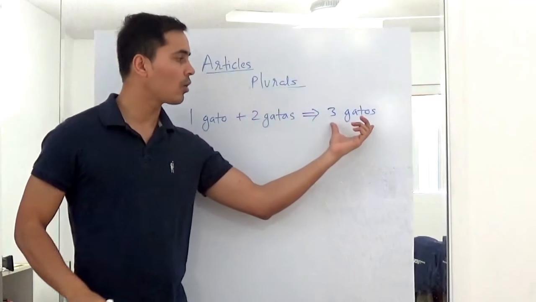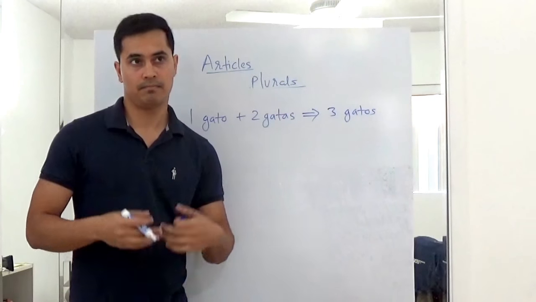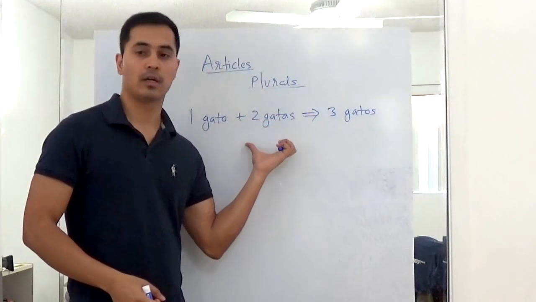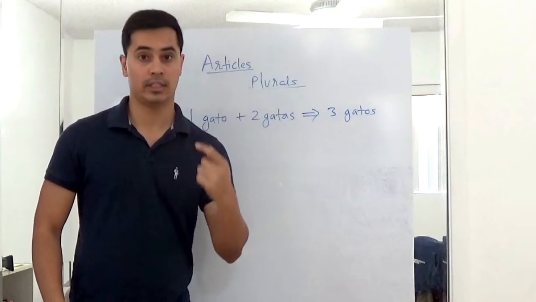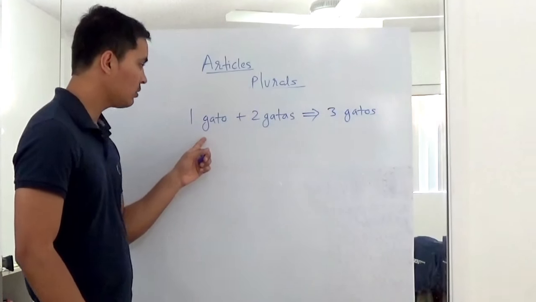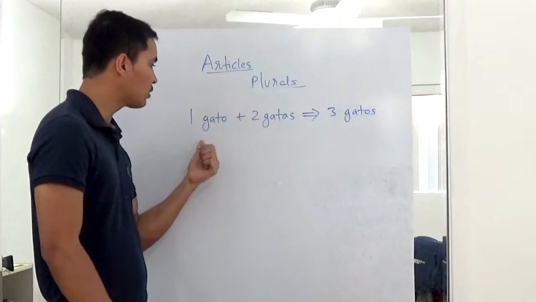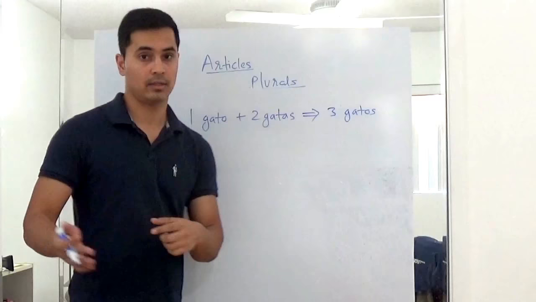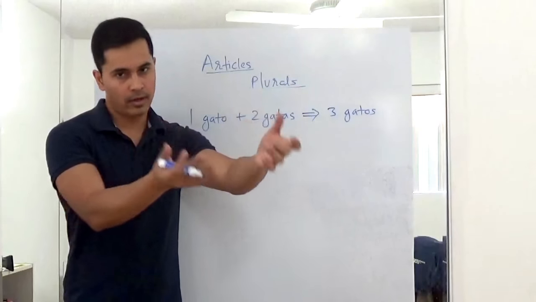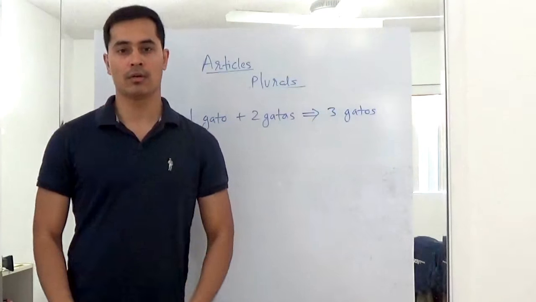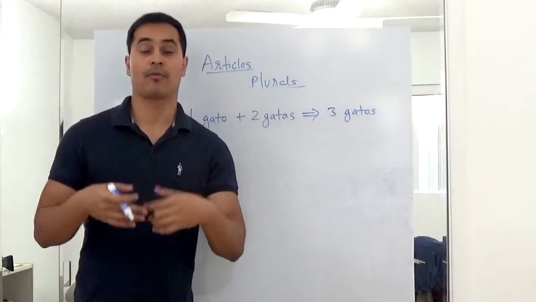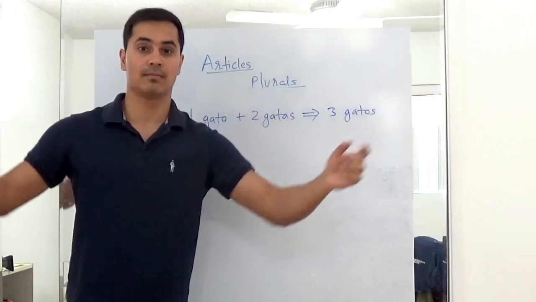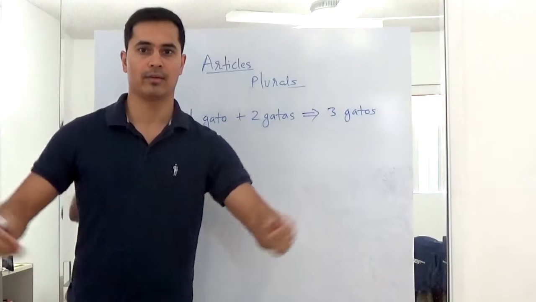So when you collectively call a group of people or animals or things with mixed gender, you always use the masculine. So one gato plus two gatas, un gato y dos gatas, you will call them tres gatos. That is why in the class there were a few chicas, a few chicos, but when our professor had to call us collectively, she used to say chicos, because masculine is used collectively. So you got that rule?